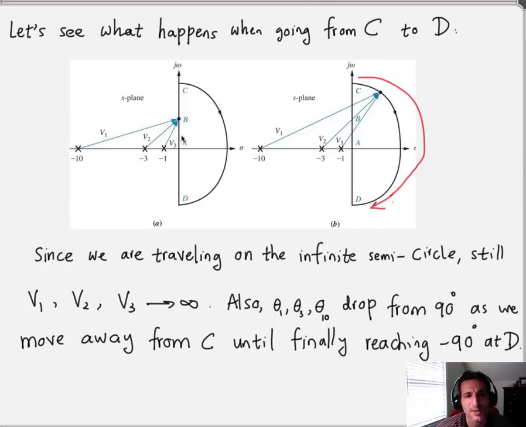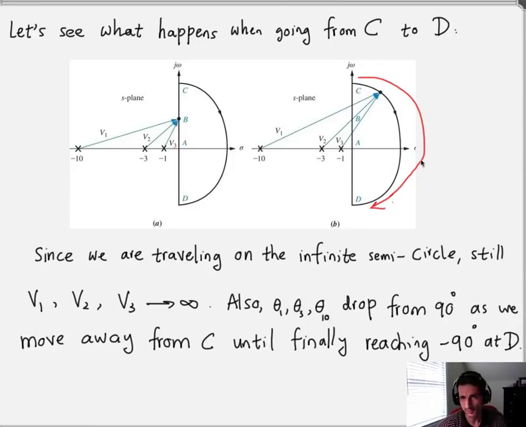So now, for instance, we saw what happens at A. This would be your origin, or omega equal to 0. We also saw what happens at C. So basically we have covered going from omega equal to 0 positive to positive infinity. Now let's see what happens if you travel on this infinite semicircle.